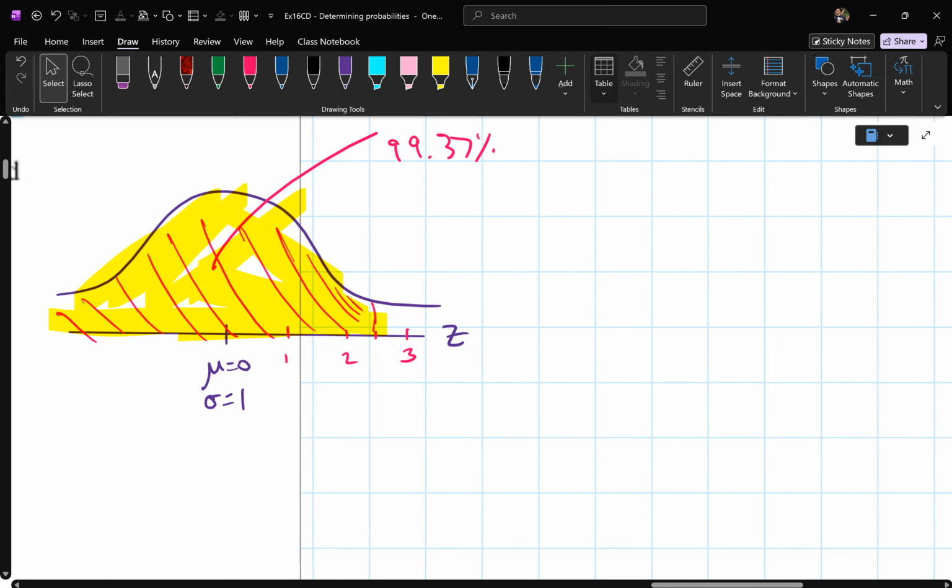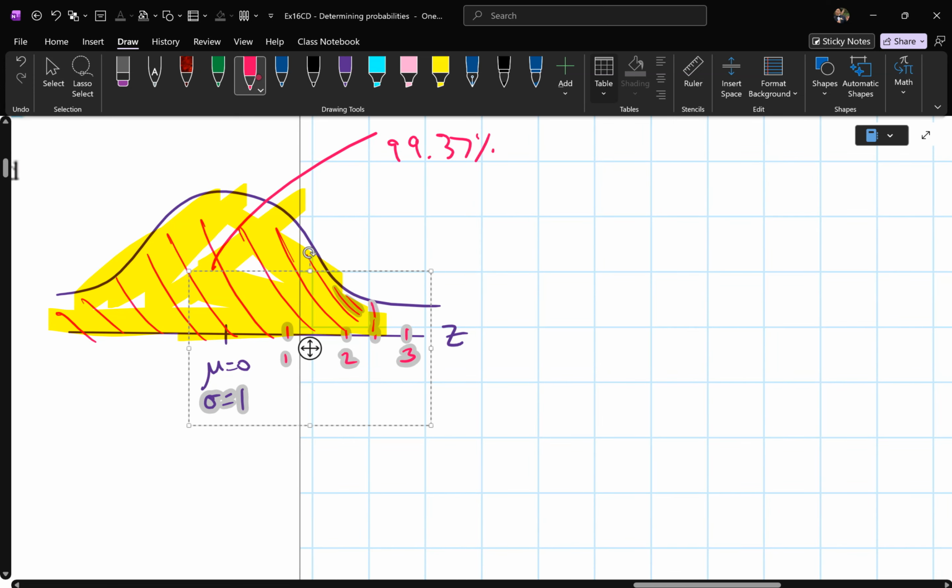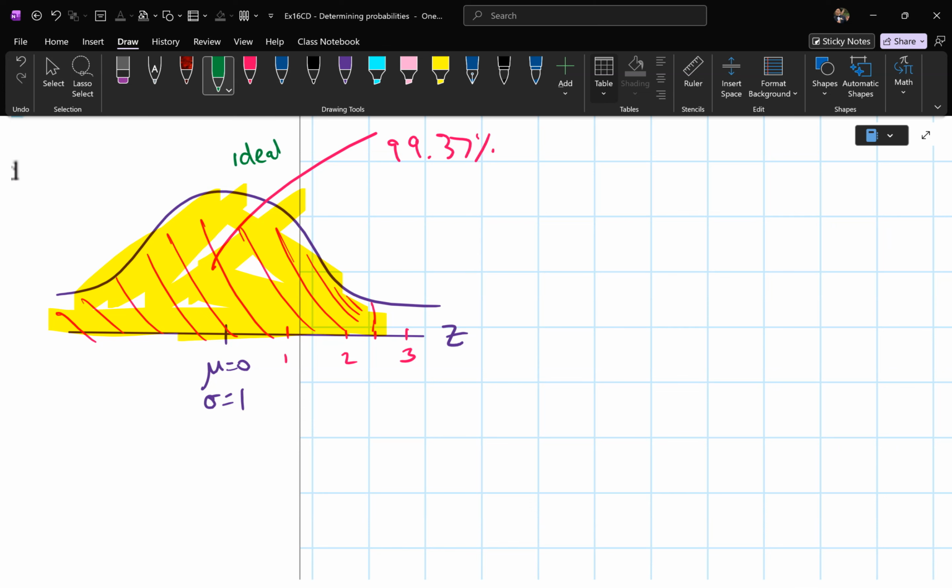Let's say we want to convert this into an IQ. Okay, so remember how I talked about this being the ideal data, but then the real world data. So at 2.5, what IQ represents that you are better than 99.37% of the population?